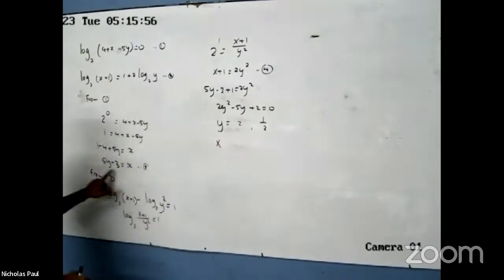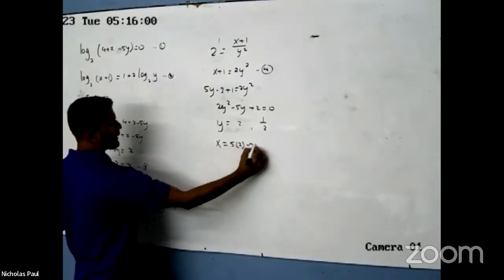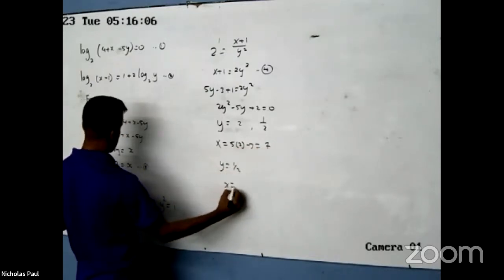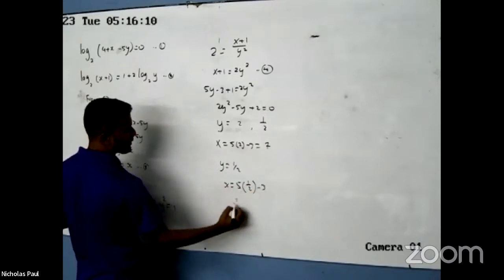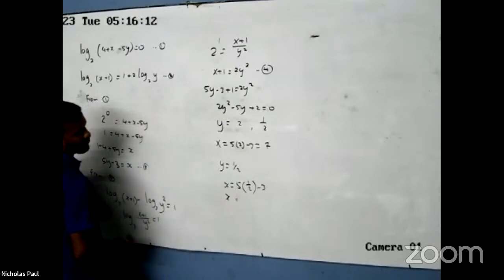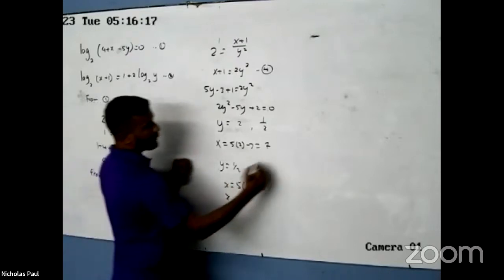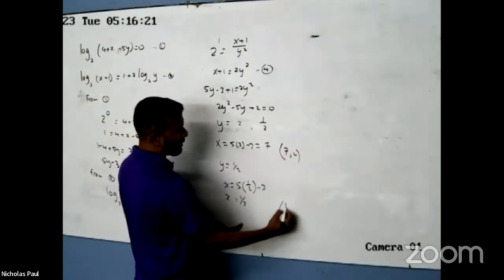When y is 2, x is equal to 5 times 2 minus 3, which is 7. And when y is a half, x is equal to 5 times a half minus 3, so that's 2.5 minus 3, that's minus a half. So our two answers are 7 and 2, and minus a half and a half.